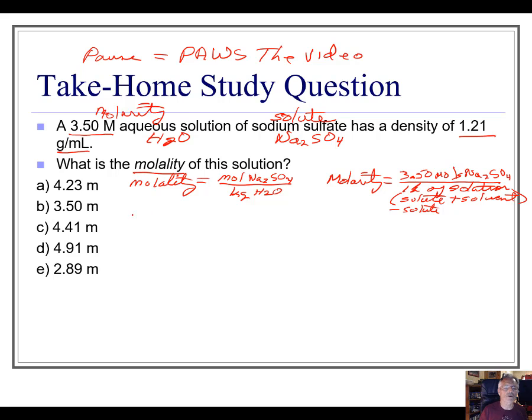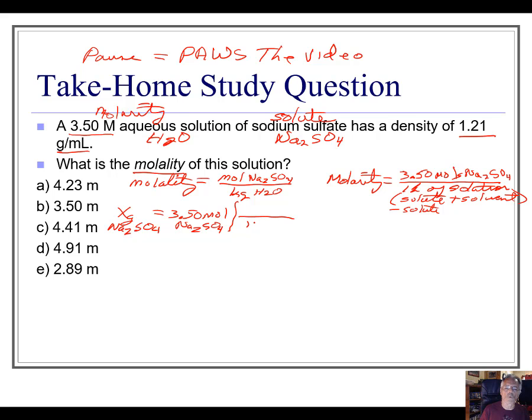Okay, so first things first. We've already got 3.50 moles of our sodium sulfate, so we'll be able to use that in our final calculation. But what we need to know is how many grams of Na2SO4 there are. The way we do that is we take 3.50 moles of Na2SO4 and convert it to grams.